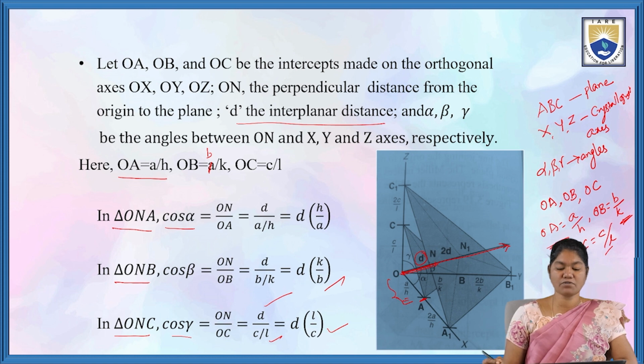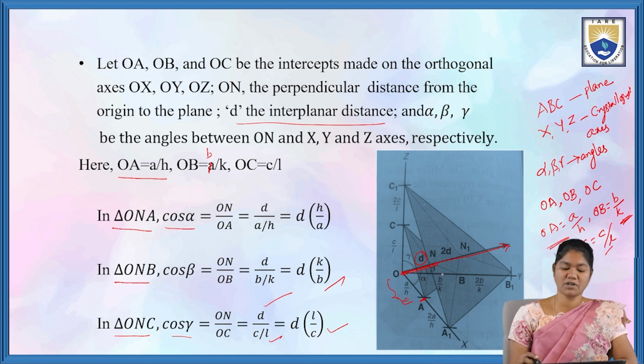This is for the plane ABC, which intercepts the three crystallographic axes at A, B, C, at distances OA equal to a by h, OB equal to b by k, OC equal to c by l. Then we took the normal to the plane from the origin, that is ON, at distance d from the origin.